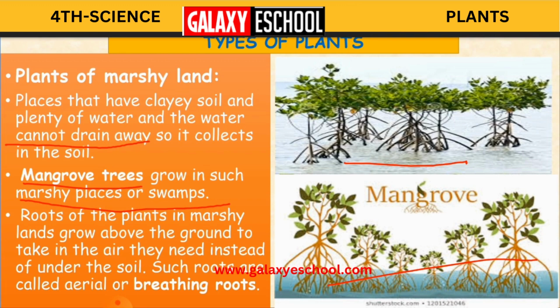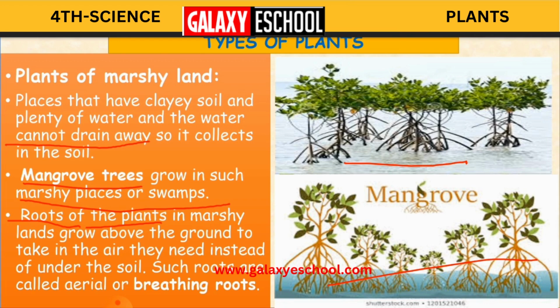Roots of the plants in marshy lands grow above the ground to take in the air they need instead of under the soil. What happens here? Whatever plants are growing in these areas, the roots of the plants grow above the ground. Normally, what happens?